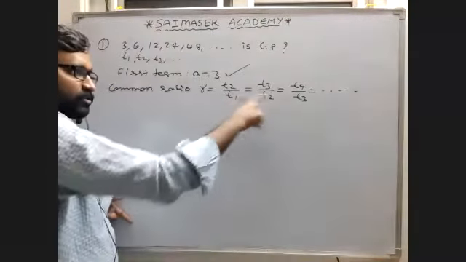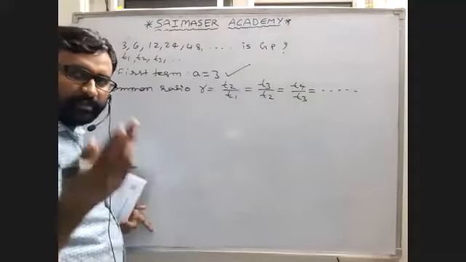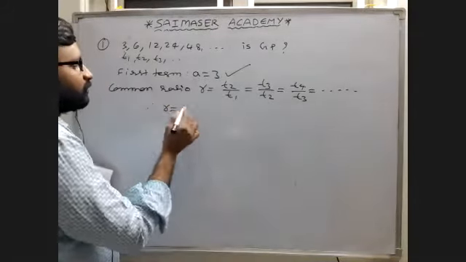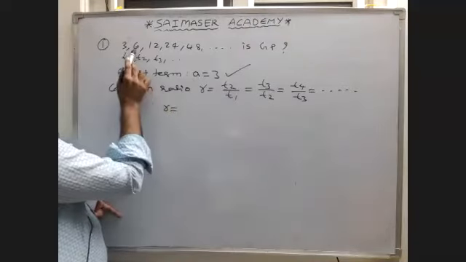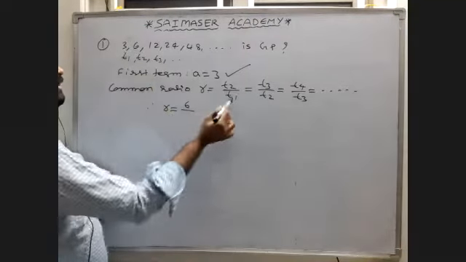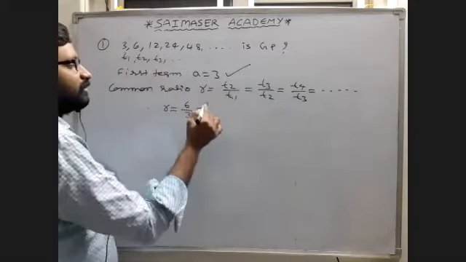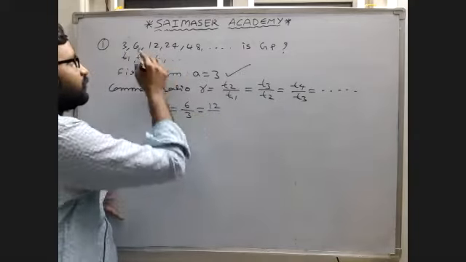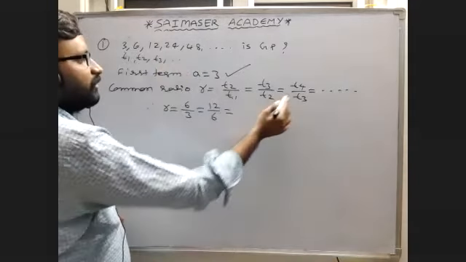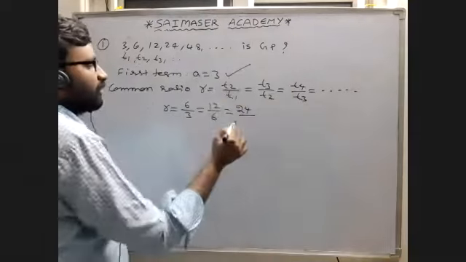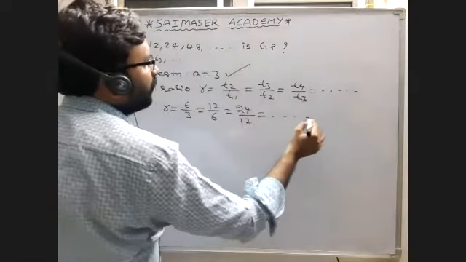If we get this value the same, then we can say it is clearly a GP. Therefore r equals T2 by T1: T2 is 6 by T1 is 3, equal to T3 is 12 by T2 is 6, equal to T4 is 24 by T3 is 12, and so on.